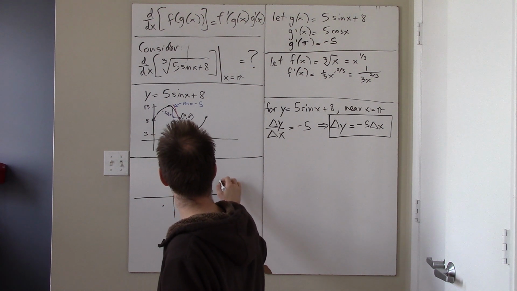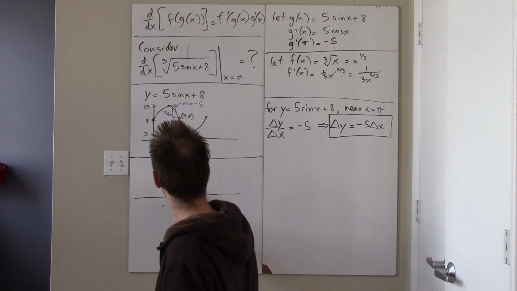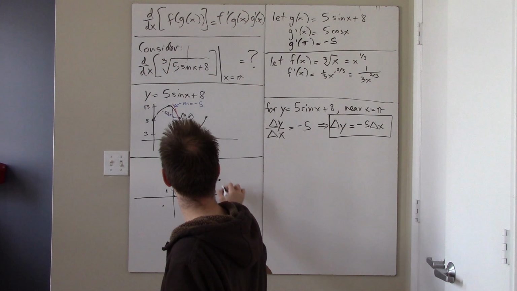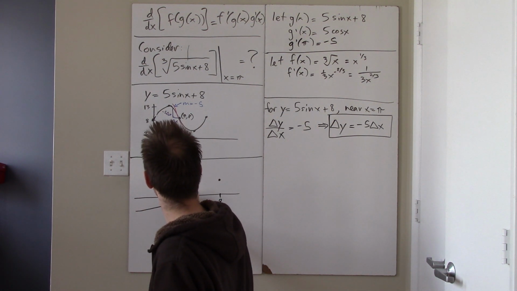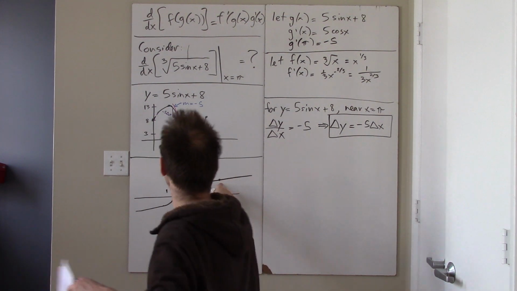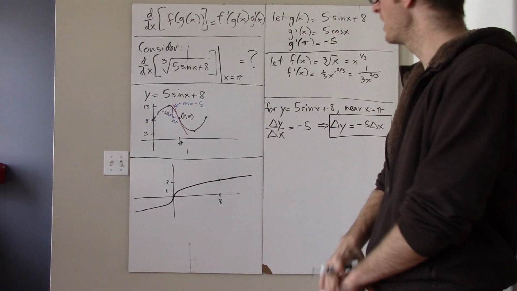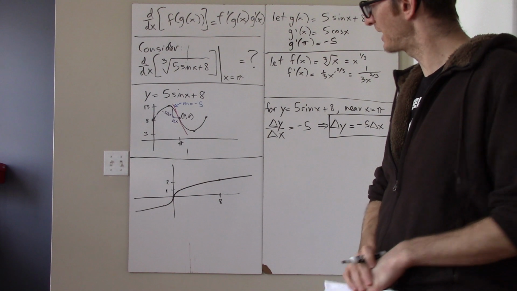So this is 2, 1, and over here is 8. I've got some kind of thing that looks like this. And it's what this curve is doing near 8 that I should be caring about.